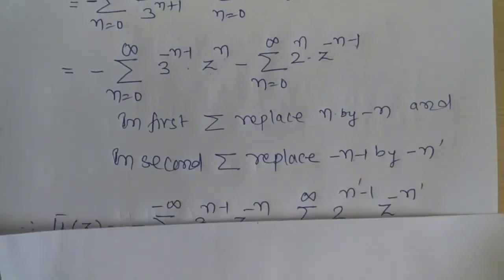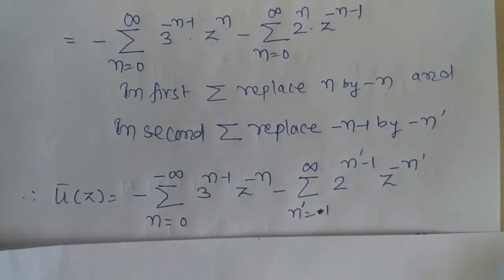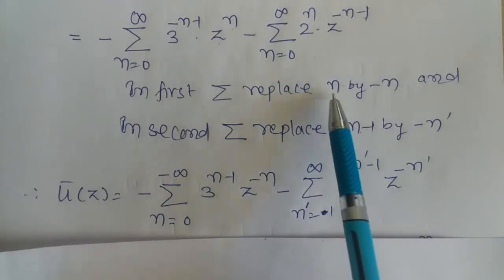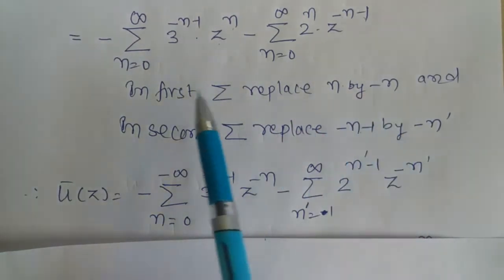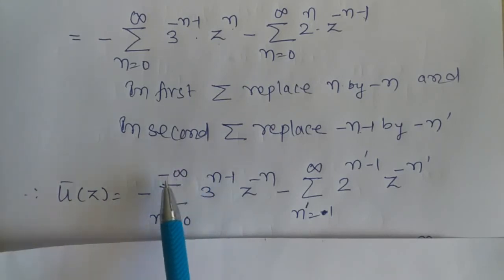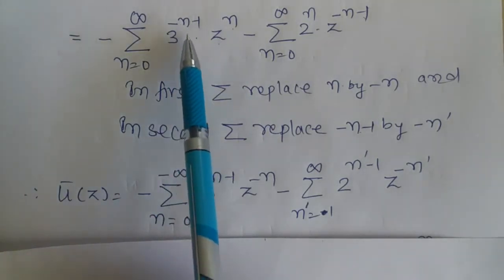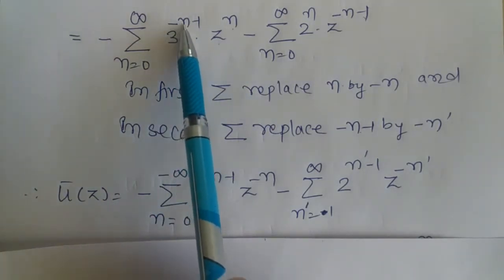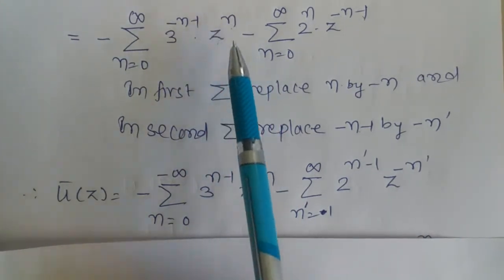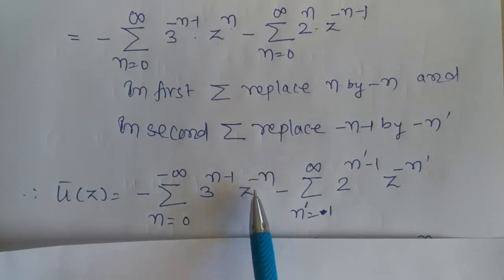Then we get u bar z is equal to negative summation, as n is replaced by minus n, so 0 to infinite becomes 0 to negative infinite. 3 power n replaced by minus n, so we get plus n minus 1. And here n replaced by minus n, we get z power minus n.